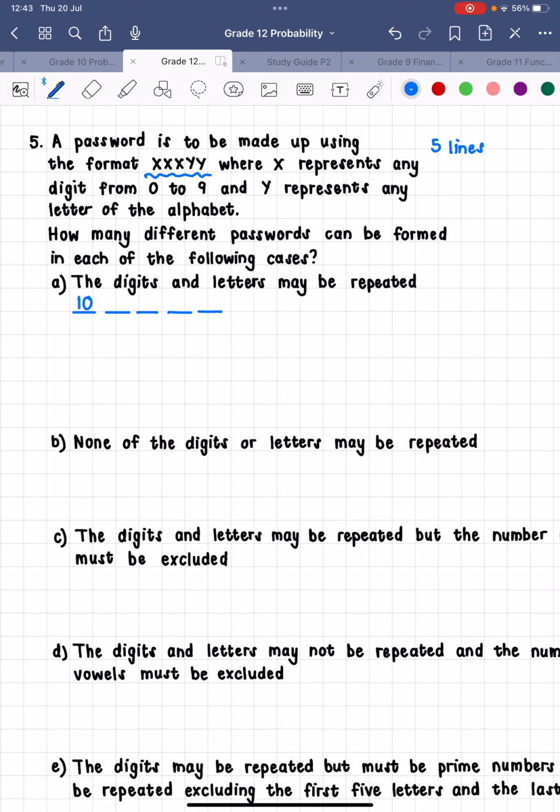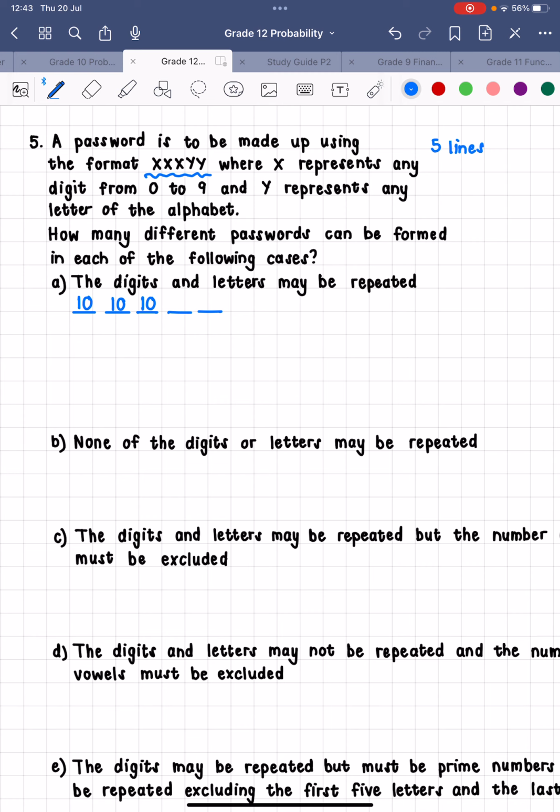They're saying that we can repeat these. So for the next one, we also have 10 options. And then for the next number as well, 10 again. Because we can do a 111 or a 333 or a 232 or something. We can use the same letter or the same number multiple times.